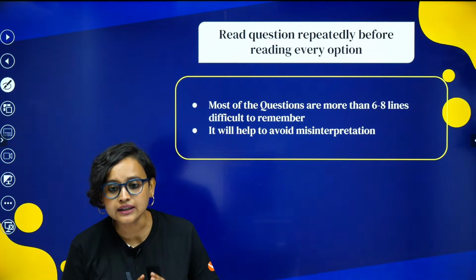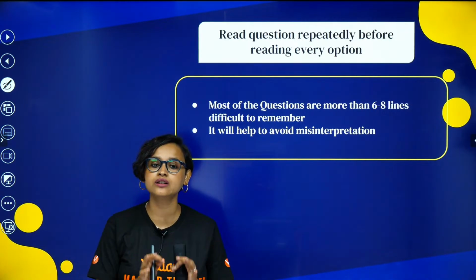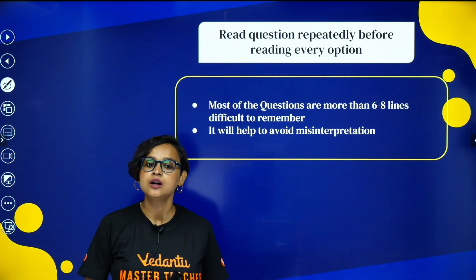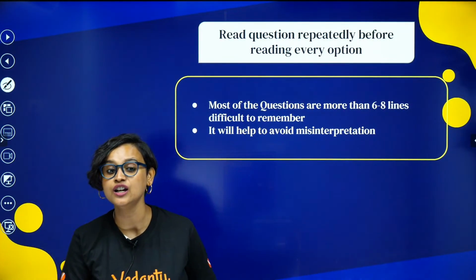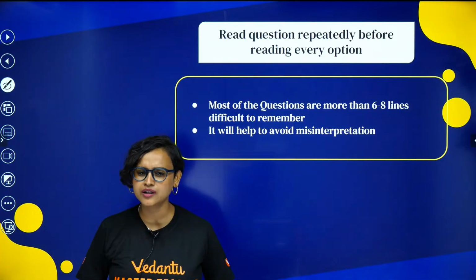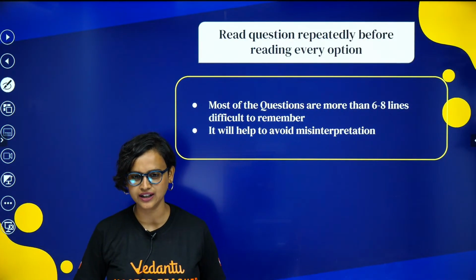Read the question repeatedly. Read the question again and again. Why? Because most of the questions in this category will be of 6 to 8 lines, and you will not be able to remember each and every line, right?